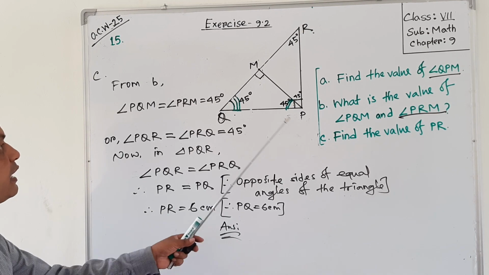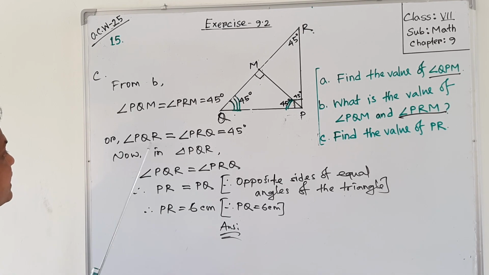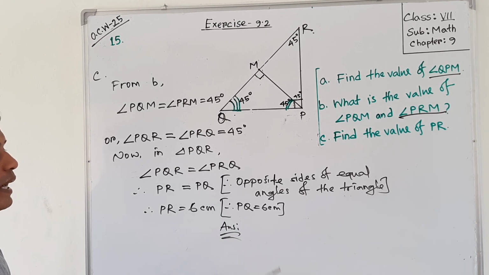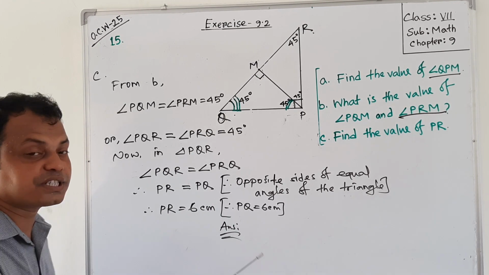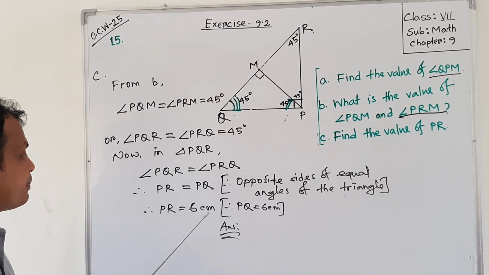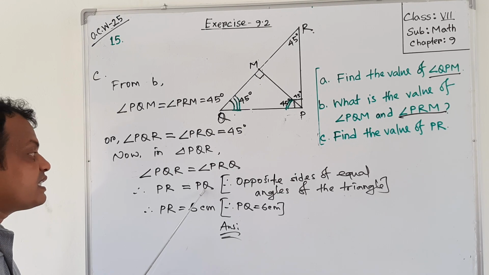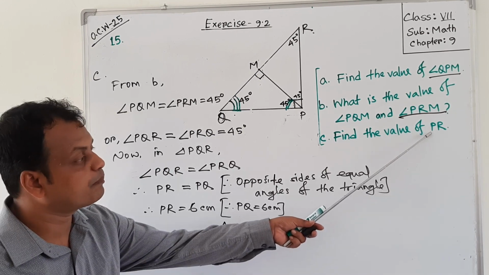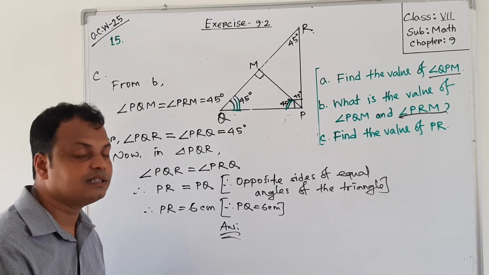Now in triangle PQR this angle equals this angle, so as these two angles are equal, their opposite sides will be equal. So PR equals PQ. Since PQ equals 6 cm, PR will be 6 cm. So the value of PR is 6 cm.